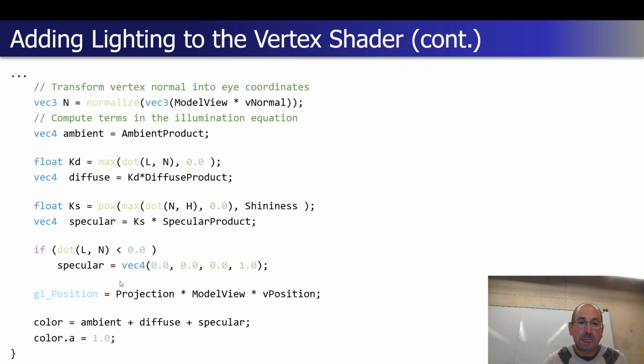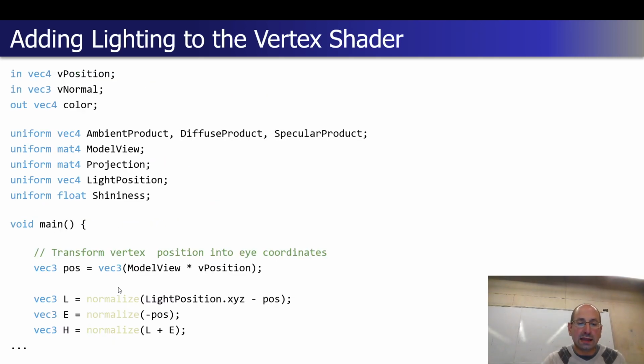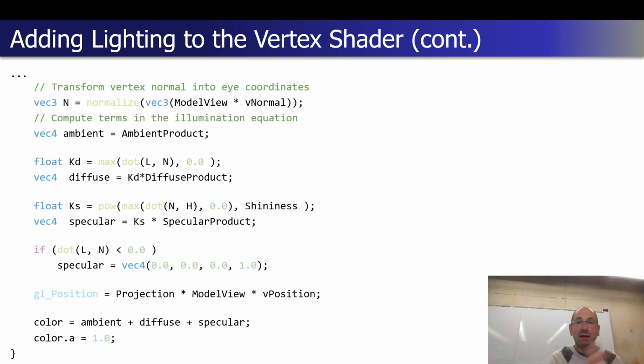Now, separately, we previously had calculated our position value, model view times position. We do have to get the final MVP transform back out, which winds up happening here. We could have also just done projection times position. That would have given us a good result as well.